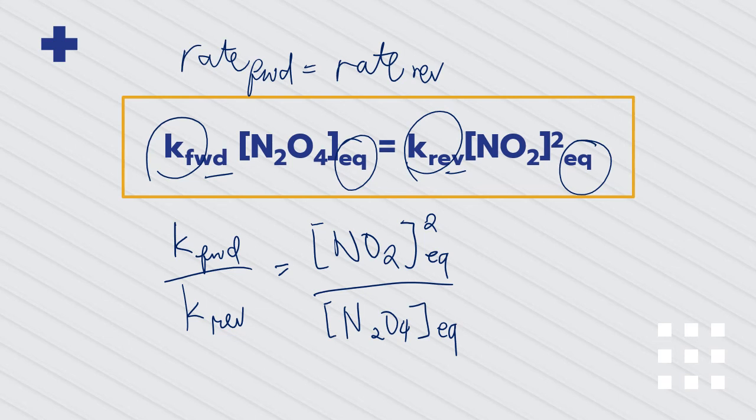So the ratio of constants gives rise to a new overall constant called the equilibrium constant. This is also equal to K, big letter K in this case. This is your equilibrium constant.